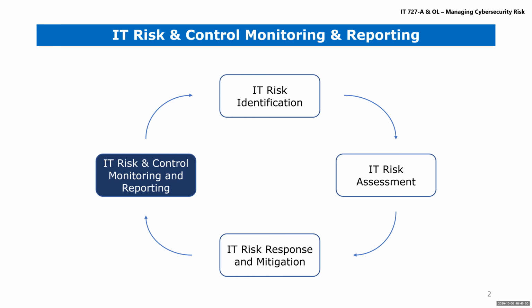Same thing with controls. You deploy a firewall to filter out certain traffic because you identify traffic coming from those places has some risk associated with it that could severely impact your business. But just because you deploy the firewall doesn't mean you're not going to constantly monitor it to see how it's changing, whether the control is still effective or not.